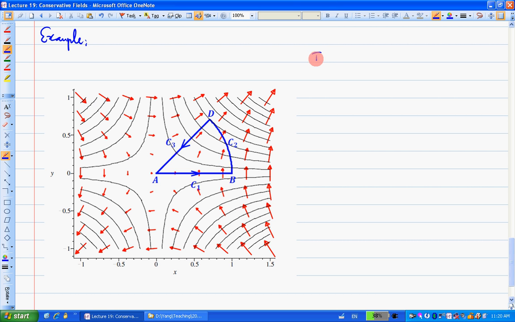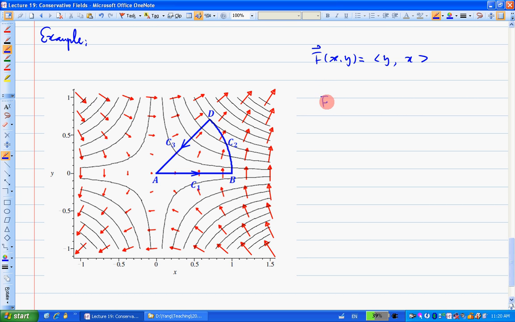Now, if you recall, this vector field is (y, x). This is the vector field F here. For now, if I just give you a vector field, it's very hard to say what exactly this vector field is.